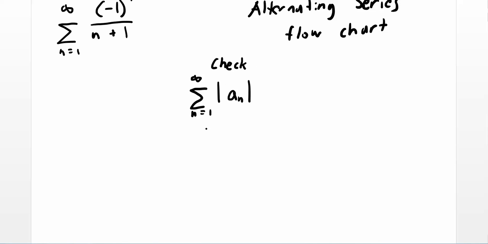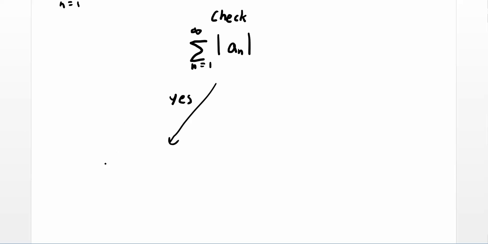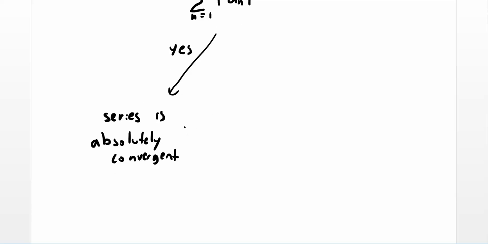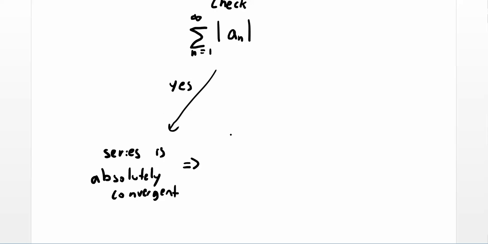If it does, then you say the series is absolutely convergent. This implies that the original series, not having the absolute value, is convergent.